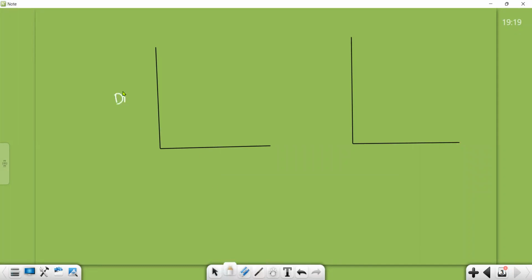So I am writing distance here and time. That's what we are calculating, right? How much distance it travels in a particular time. So in case of uniform motion, it moves like this. It is moving with the same speed, like constant speed. So this is uniform motion.